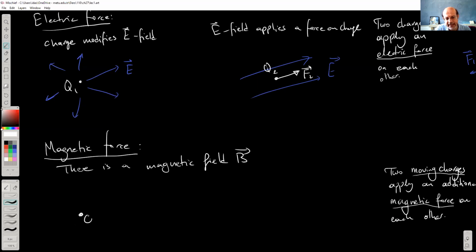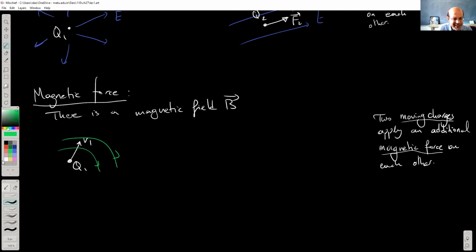What happens is that a moving charge produces this magnetic field. So I'm just going to write it down like that. A moving charge produces a magnetic field.